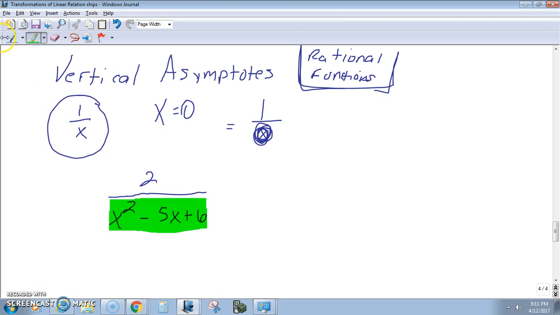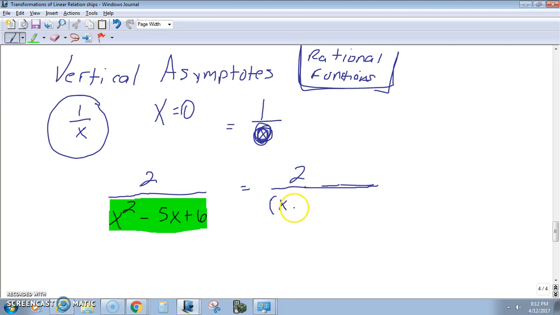So let's just factor that denominator. Remember, we're looking for two numbers that add up to be -5 and multiply together to be +6.